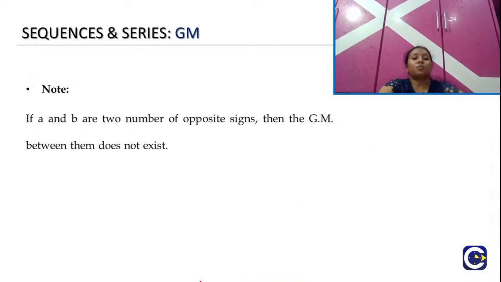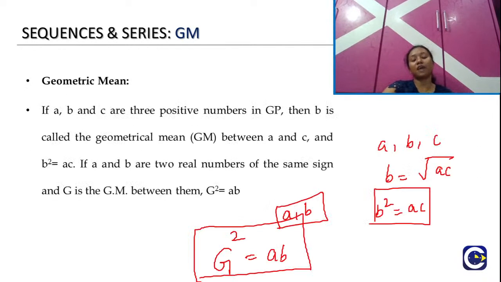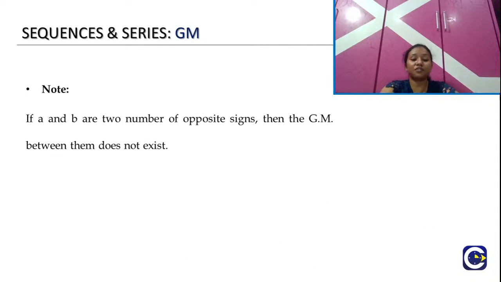So here comes the note point. So far we have seen the two conditions: when we have A, B, C, three positive numbers, and A, B, two real numbers of the same sign. That means if we have two numbers A and B of opposite signs, then the geometric mean between them does not exist.